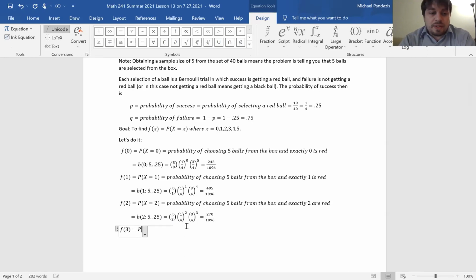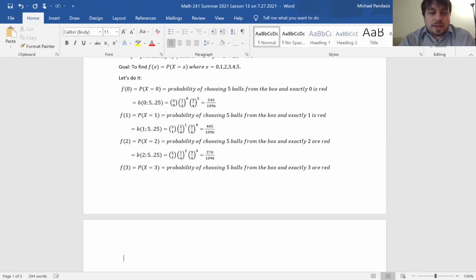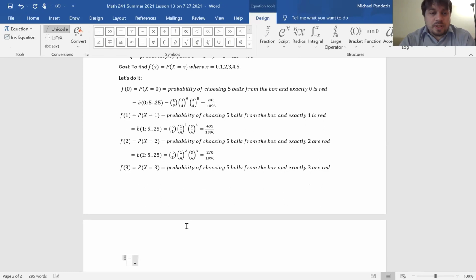Then you have f of 3, which is the probability of x equaling 3. That's the probability of choosing 5 balls from the box, and exactly 3 are red. Okay, and this is equal to B of 3 colon 5 comma 0.25. 3 successes in 5 Bernoulli trials, and probability of success 0.25.